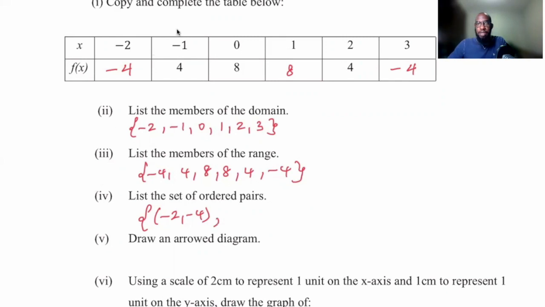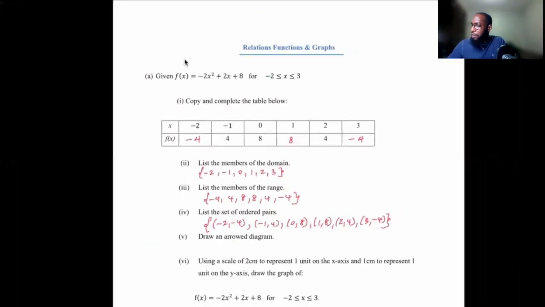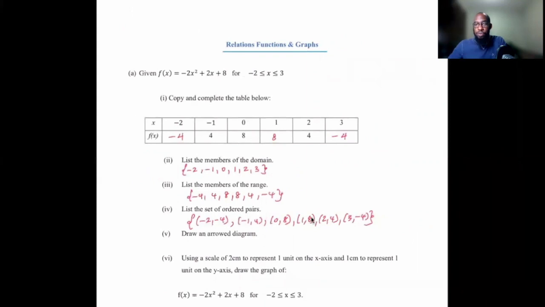Comma, then we have negative 1, 4. We have 0, 8. We have 1, 8. 2, 4. And we have 3, negative 4. Close curly brackets. So that's the set of ordered pairs right here.